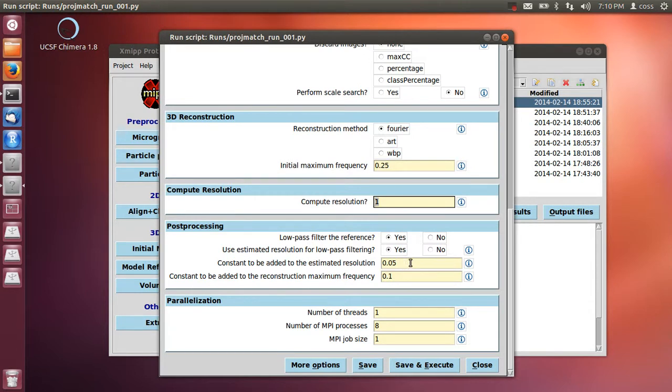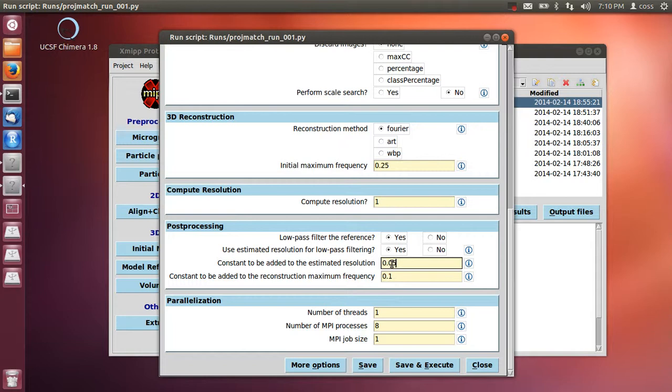Normally we suggest to use the Fourier shell correlation and a little bit more. A little bit more is Fourier shell correlation plus 0.05. This is in normalized frequency units, so the maximum frequency is 0.5, and 0.05 is 1/10 of the Fourier spectrum.